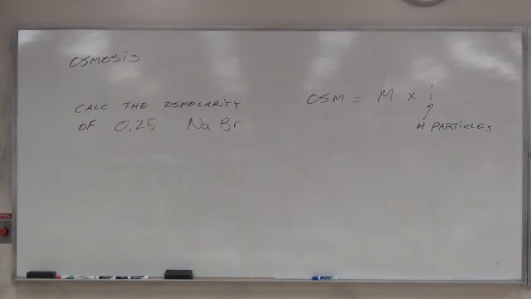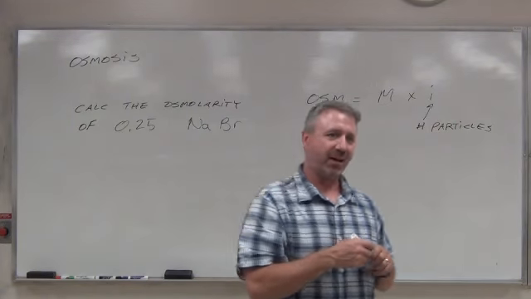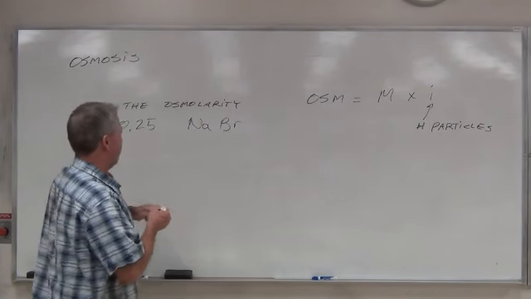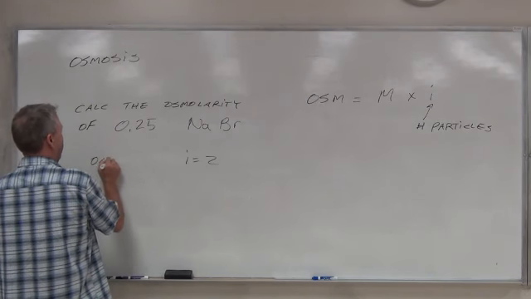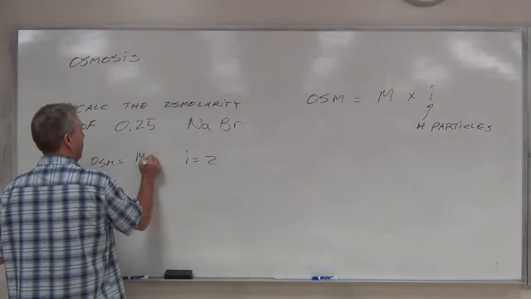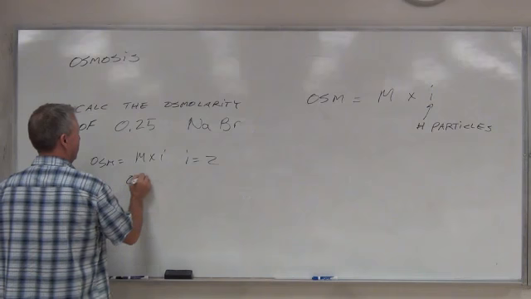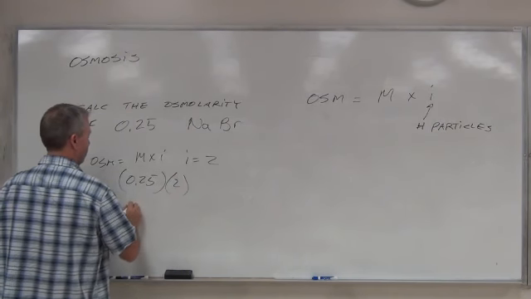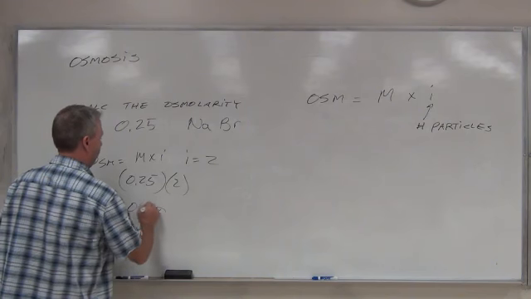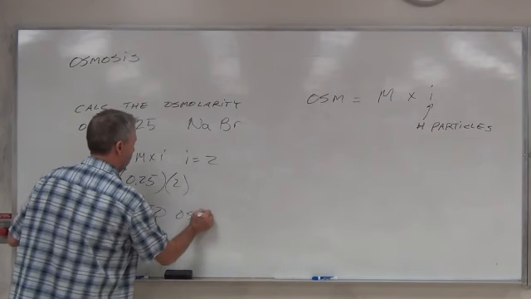It has nothing to do with the chart. We already gave you the formula. So this one, I is equal to 2. So our osmolarity equals molarity times I, 0.025 times 2, 0.050 osmol.